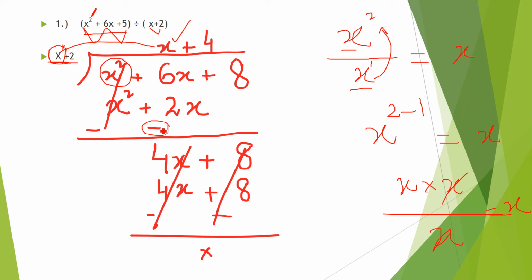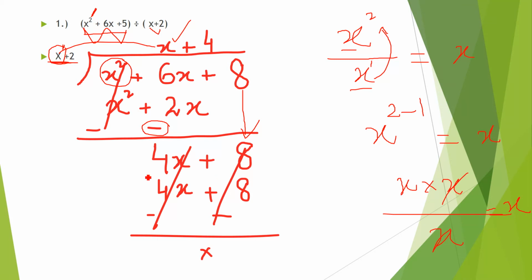Yes, you have to subtract 6x and 2x. But you have to use the sign of the higher magnitude. 6 is greater than 2. Because we are not doing multiplication. In multiplication, you have to change the sign plus, minus, minus. This is 6x minus negative 2x equal to 4x. Then you have to write down here this 8. Positive 8 here.